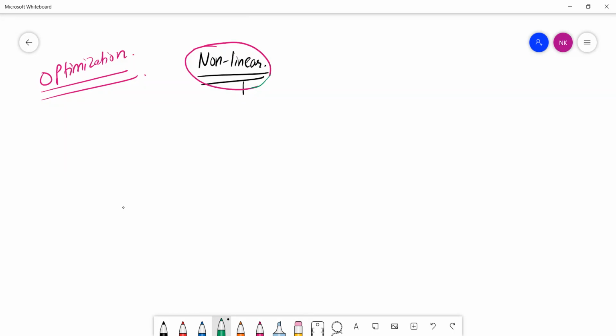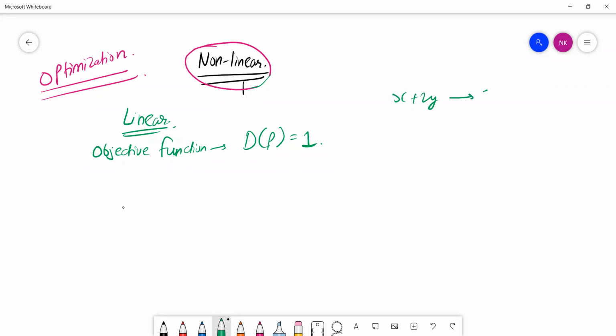Right. So in nonlinear optimization, what we have done in linear optimization, if you remember, we had the objective function which had the degree of polynomial to be 1. Now, what is the degree of polynomial? If you have the objective function, this one, then the degree of polynomial is 1.